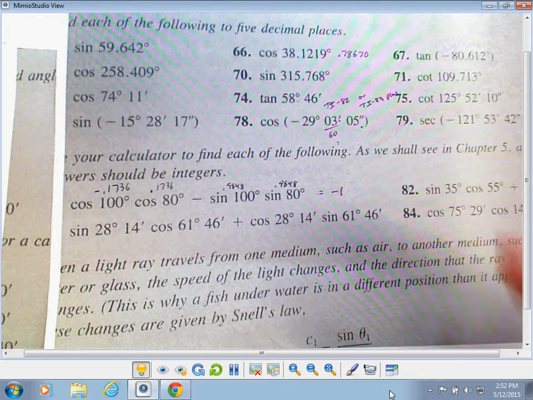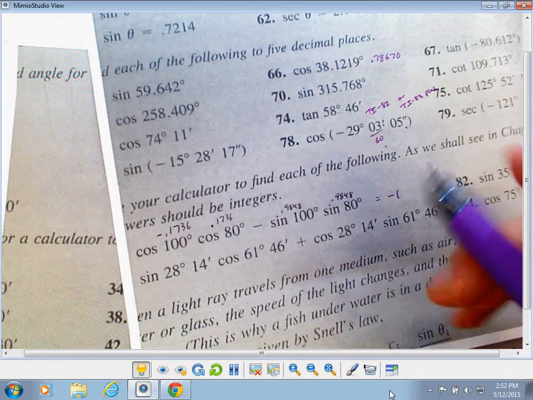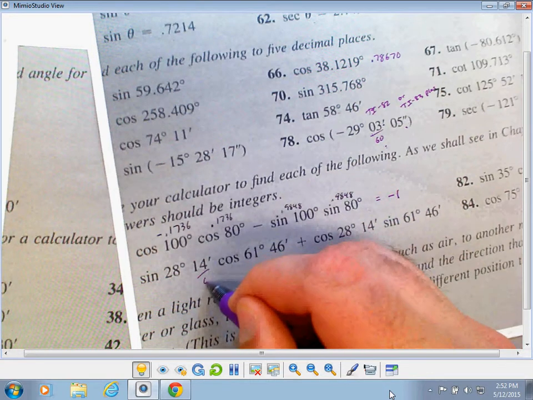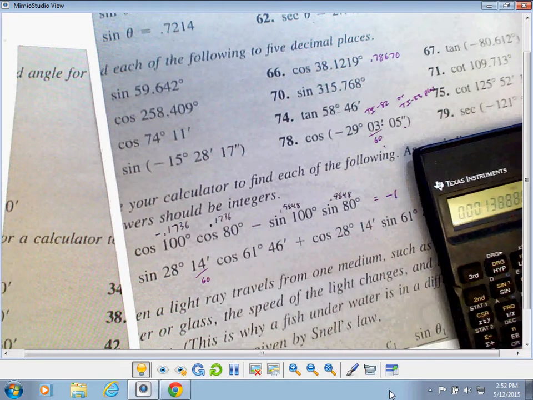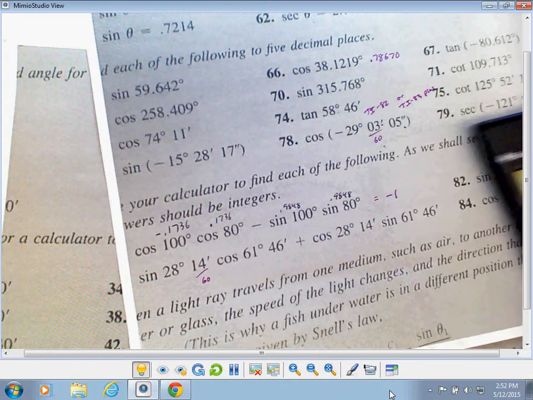If you have to do these, and again you have to convert them if you have to, right, take the 14 minutes and divide it by 60. So it would be 14 divided by 60 and it would be 0.2333.